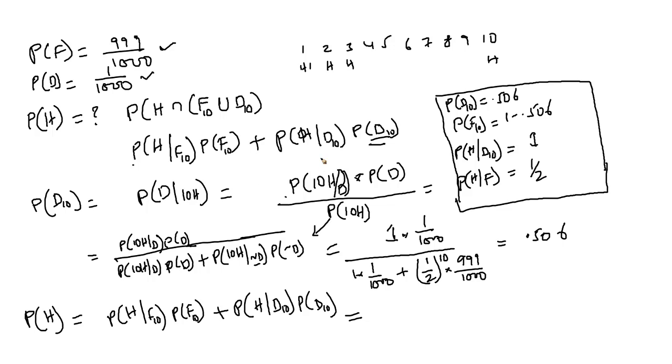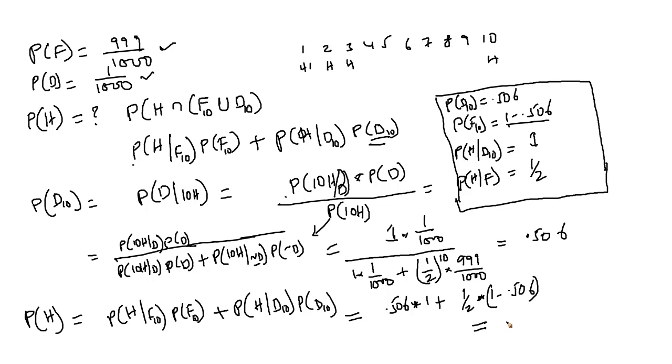So we substitute these values in this equation: 0.506 times 1, plus the probability of head given fair coin, 1/2, times 1 minus 0.506.